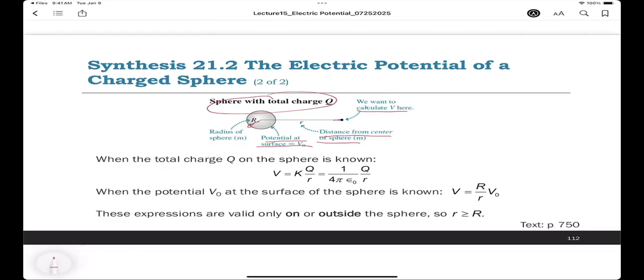When the total charge Q on the sphere is known, and when the potential V0 at the surface is known, we can use this equation to calculate V. These expressions are valid only on or outside the sphere, so r should be greater than or equal to R. Yeah, that makes sense to you.